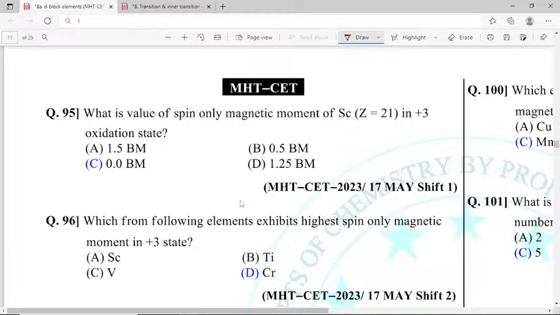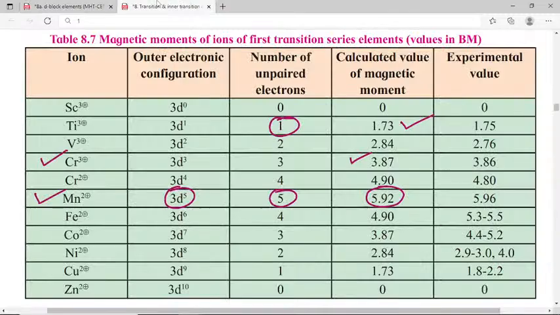What is the value of spin-only magnetic moment for scandium plus 3? Scandium in plus 3 is 3d0, 0 unpaired electrons, 0 Bohr magneton. The calculated value of spin-only magnetic moment is 0.